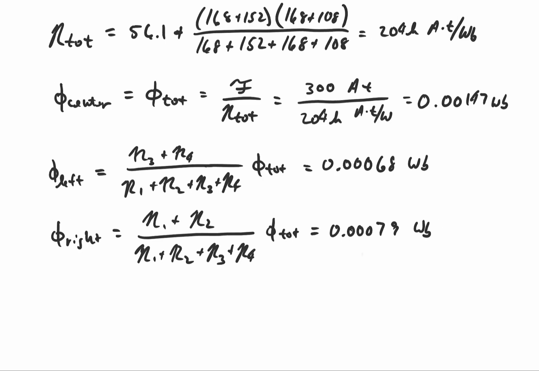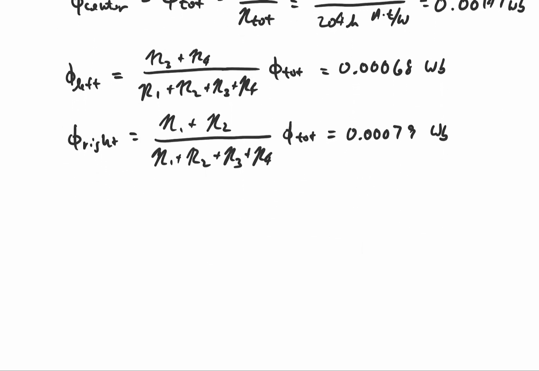And now I can find the flux density in the air gaps. In the left air gap, that's going to be the flux in the left leg divided by the effective cross-sectional area. We've computed the flux in the left leg.